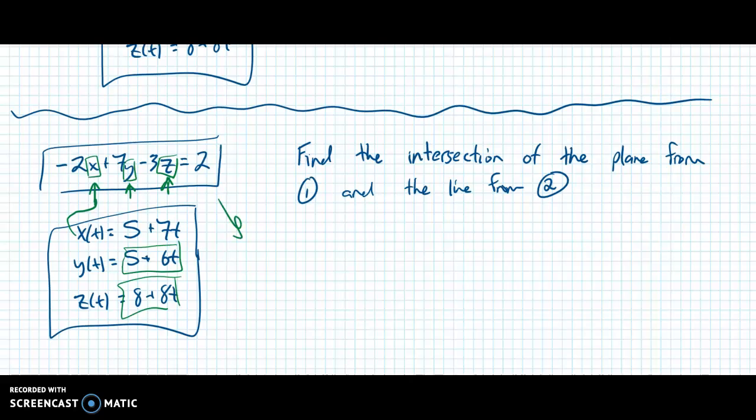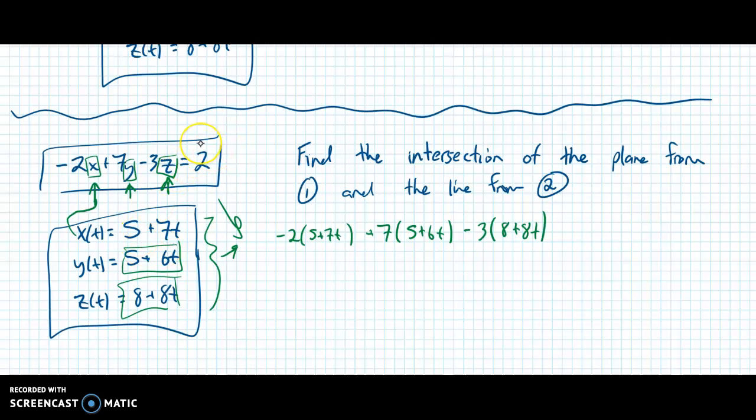So when I do that, I get -2, open parentheses, close, and I'm going to put my 5 plus 7t in there. And then plus 7 times 5 plus 6t. And then minus 3 times 8 plus 8t.